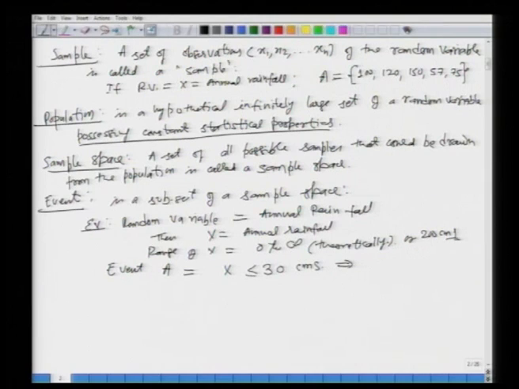Means what? What is our emphasis? We are trying to look at drought situation. Then let me say that this is A1. Then you want to define another event A2 such that your x is greater than or equal to 150 centimeters.